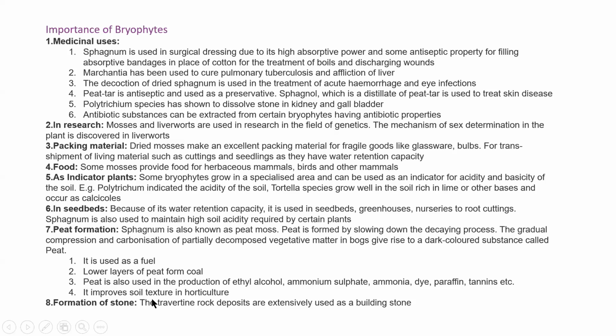So formation of stone. In some places you will see long stone-like structures, called stalactite rocks, calcite rocks. Okay, stalactite rocks like that. So the bryophytes play a major role in formation of those kinds of stones.